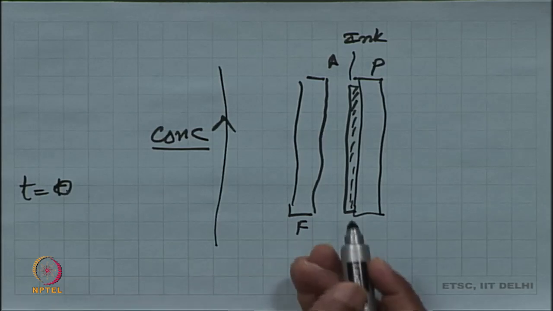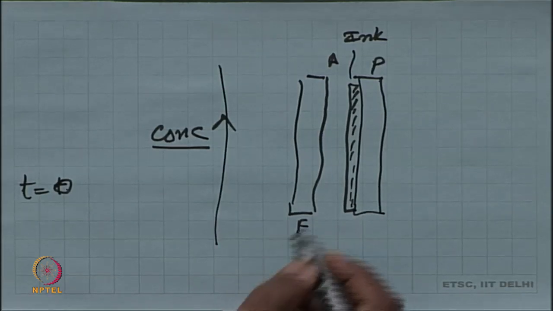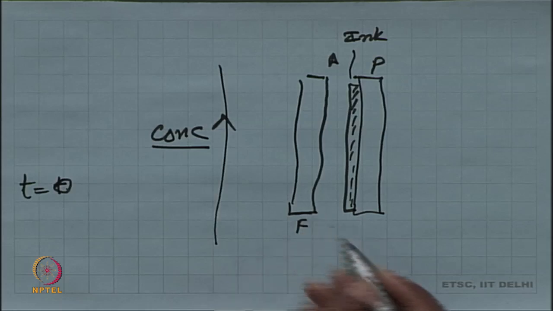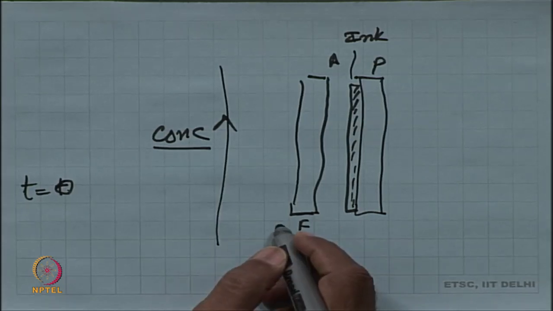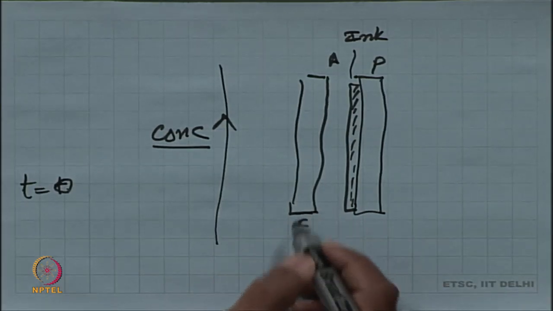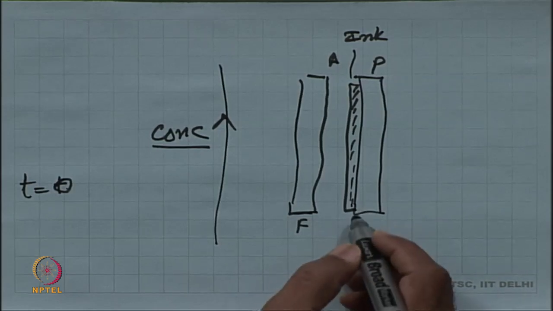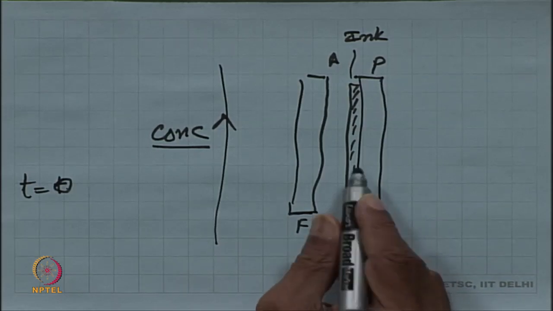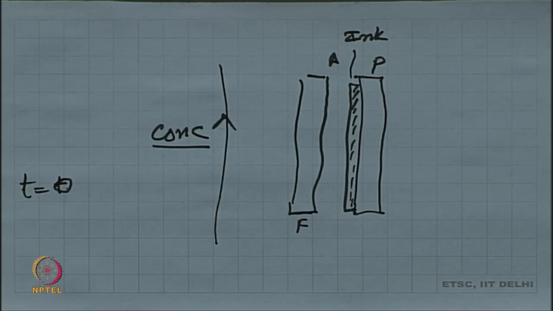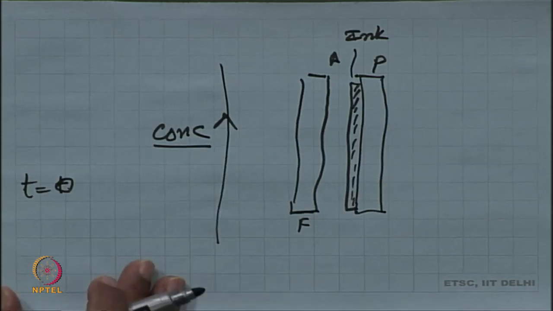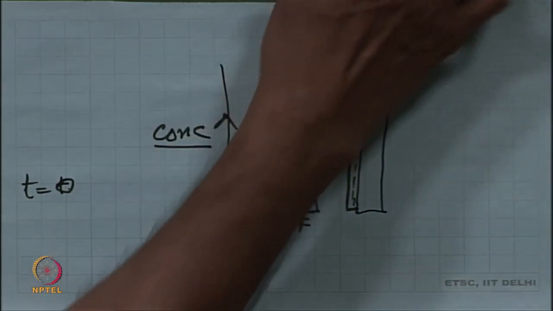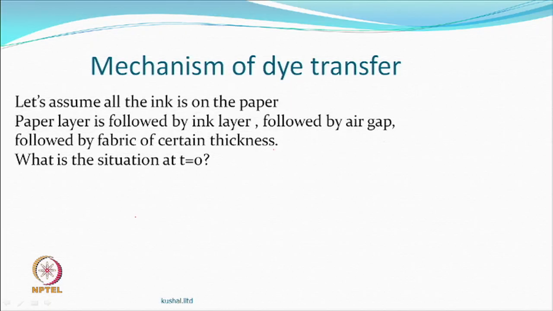So, maximum concentration is there. The concentration of dye in the fiber is 0. So, there is a gap, there is a distance, and we hope that in the paper layer, whichever, there is no dye concentration. So, this is what is there.